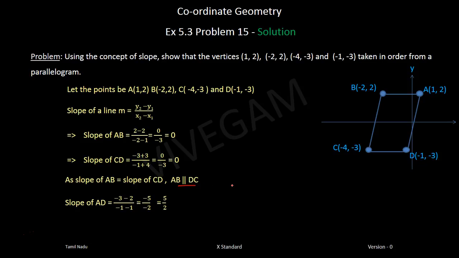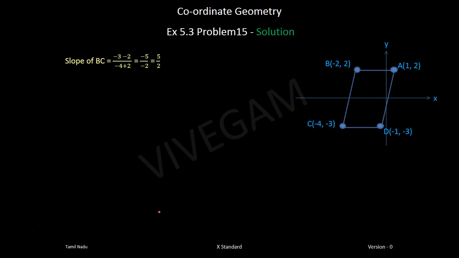Slope of AD, so A and D. This is x1 y1, this is x2 y2. So 3 minus 2 over -1 minus 1, that will be 1 divided by -2. Then we will do the last one, slope of BC. AD we found and the opposite side is BC. Again, this is x1 y1, x2 y2.